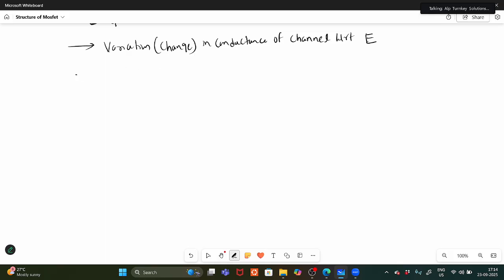So whatever the transistor action is, transistor action means transfer of resistance, using field effect. That's why we call it field effect transistor.